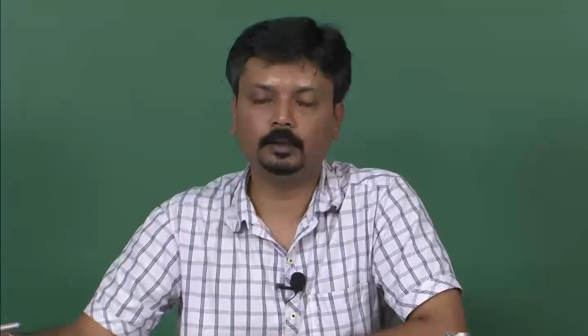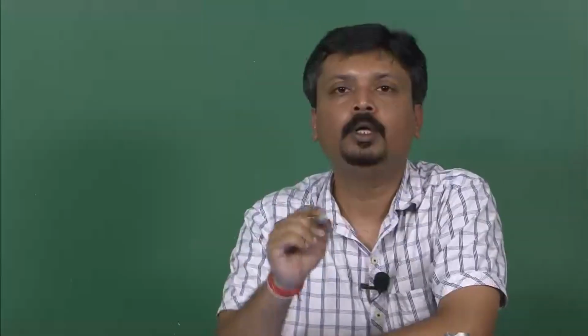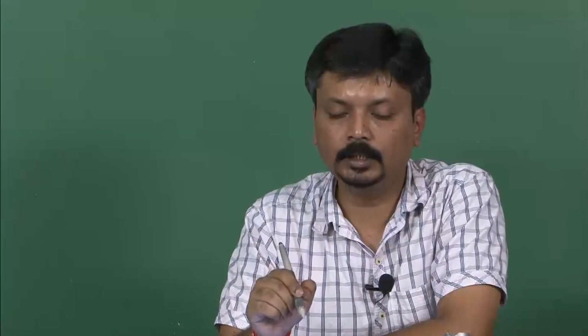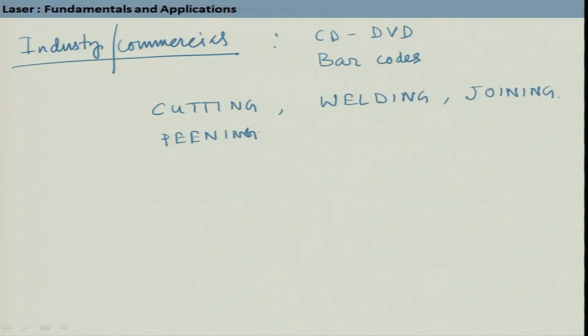In the steel and railway industries, you need to do cutting, welding, pinning, soldering, and joining.